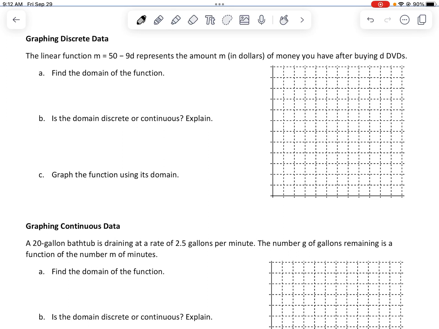We probably all have streaming services, Hulu, HBO, but we'll do it anyway. So m is money, 9d is the DVDs. Now we have to think about what is the domain of the function. The domain is the independent variable. Okay, remember this. And the independent variable is the number of DVDs I buy.